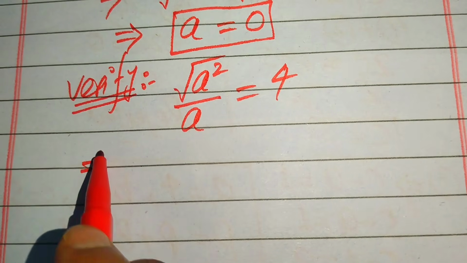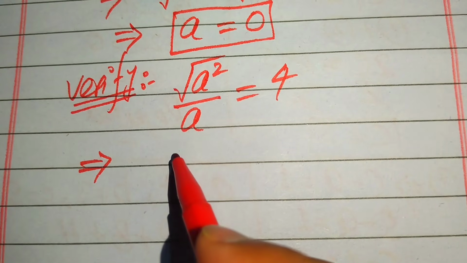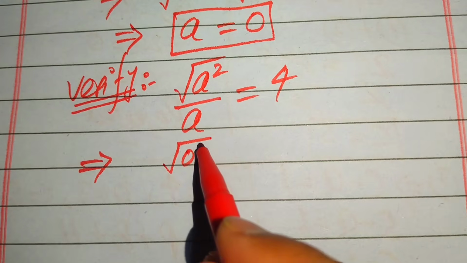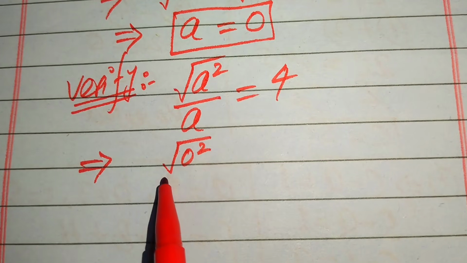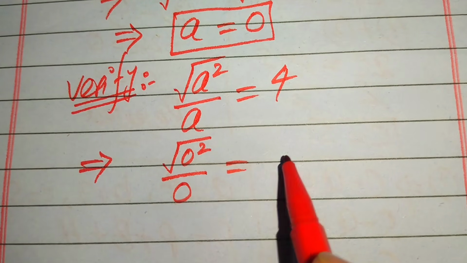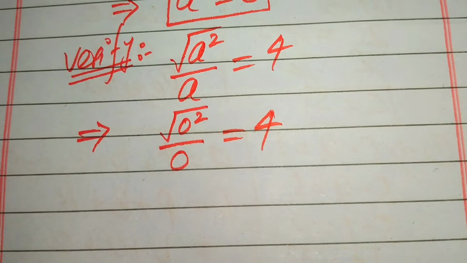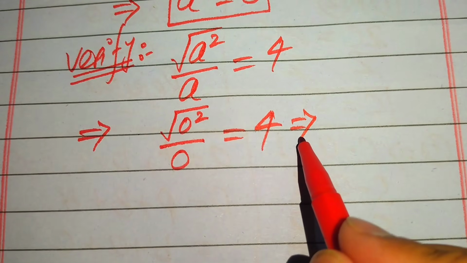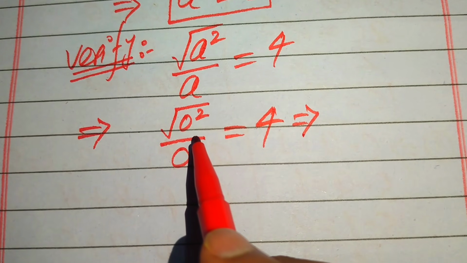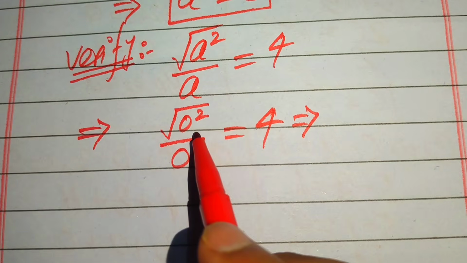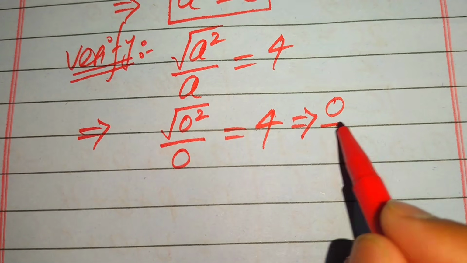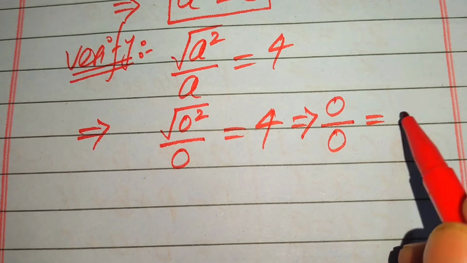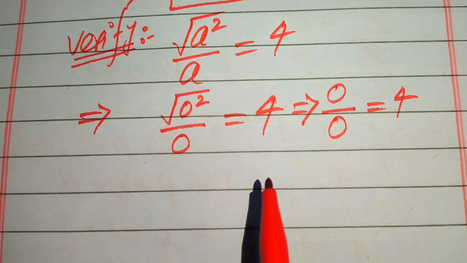Here we substitute the value of a into the left hand side and check its behavior. This becomes the square root of 0 square divided by 0. 0 square is 0, the square root of 0 is also 0, and we get the form 0 over 0.